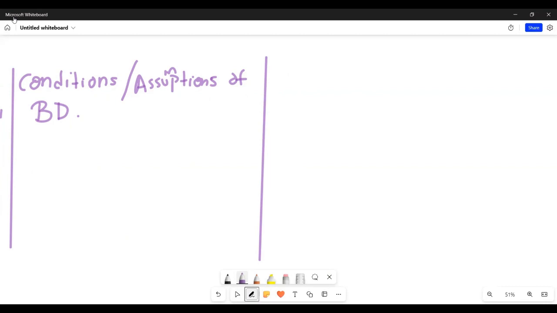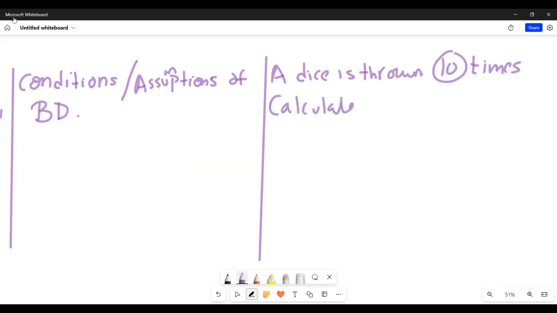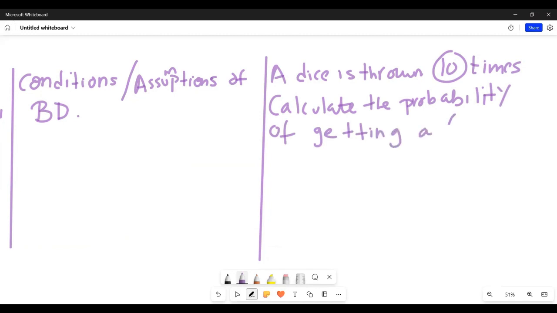A dice is thrown 10 times. Calculate the probability of getting a 6. Part A, 3 times.